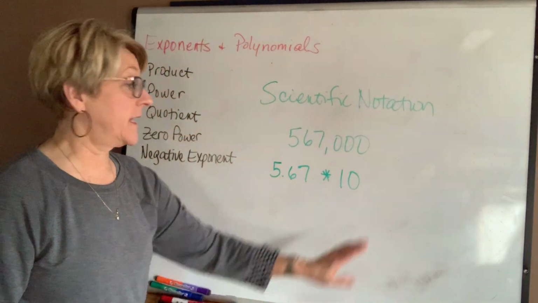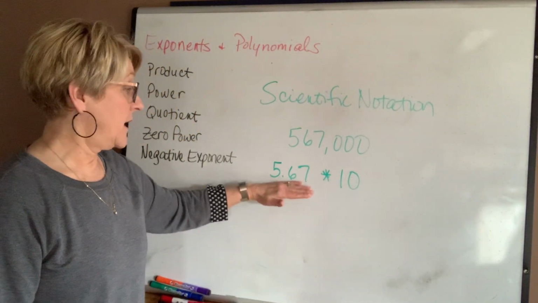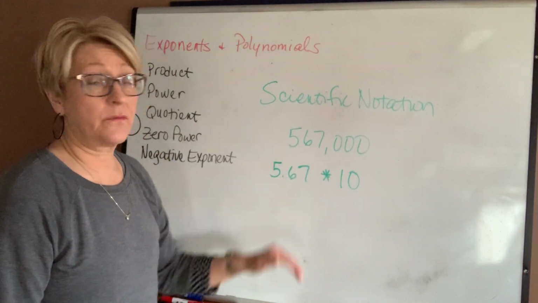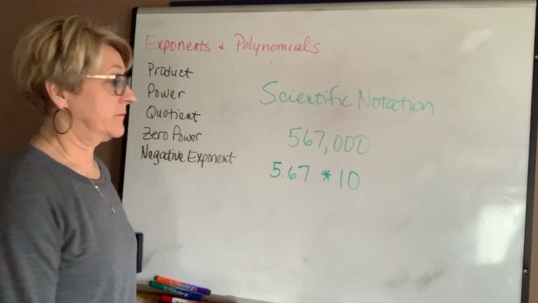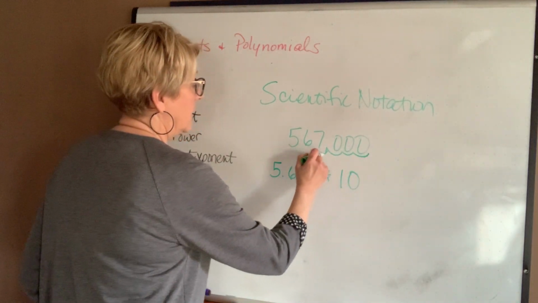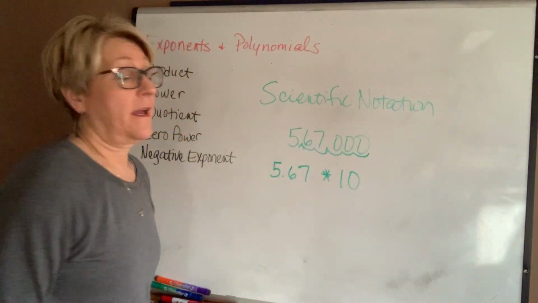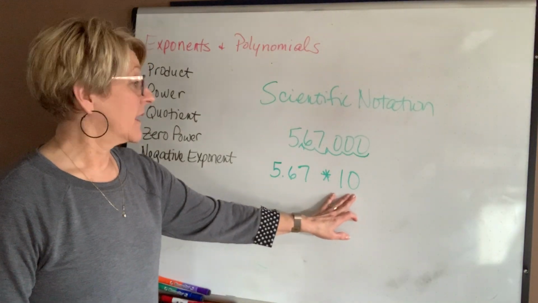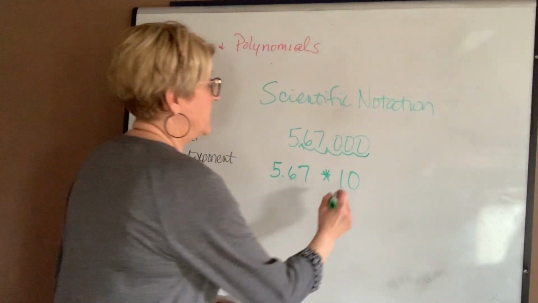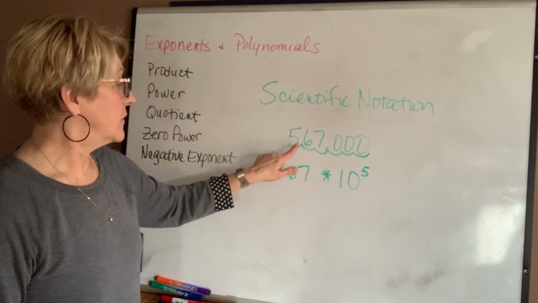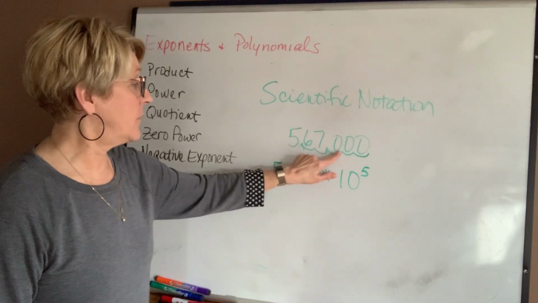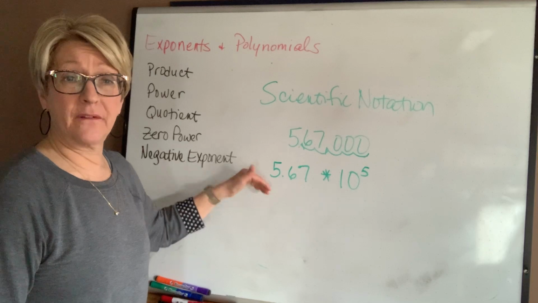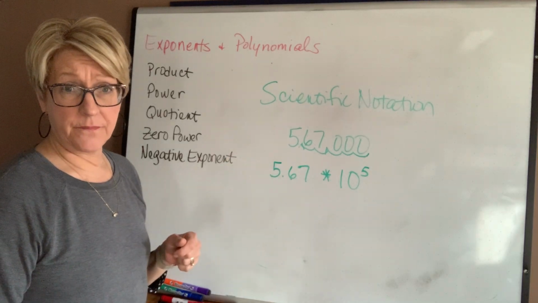Okay, now I have to decide on that exponent. What would I multiply 5.67 times to get this value? And the quickest way is what? We know multiplying by powers of 10 moves your decimal, right? So I would have to move that decimal 5 times. So from here, 1, 2, 3, 4, 5. Okay, so these are equal, right? We've just written it in a different way.